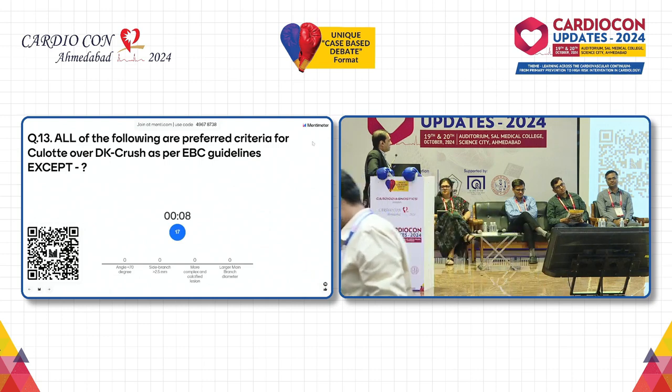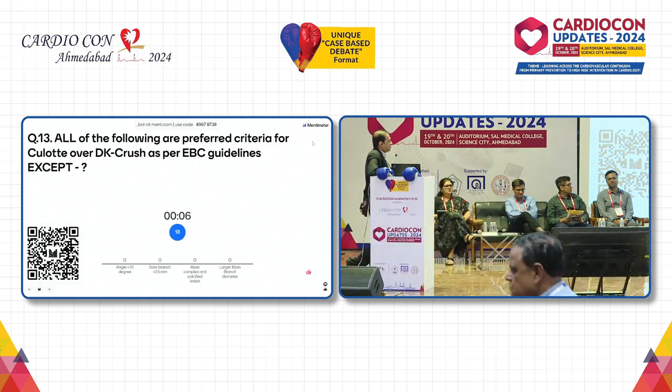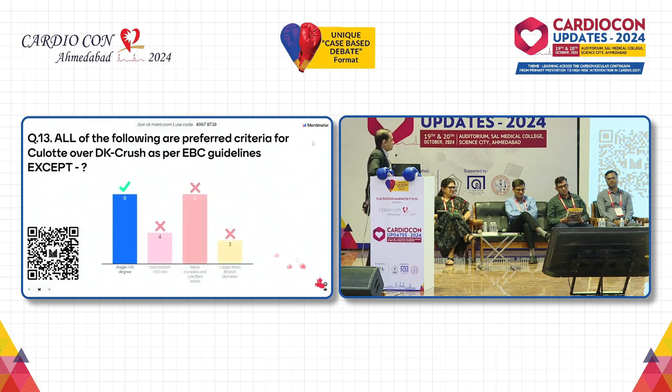Angle less than 70, branch more than 2.5, more complex and calcified, and large main branch diameter. If the angle is more, not less, that's when you prefer culotte over DK Crush. With a smaller angle, DK Crush is preferred. So that was the right answer for this quiz.